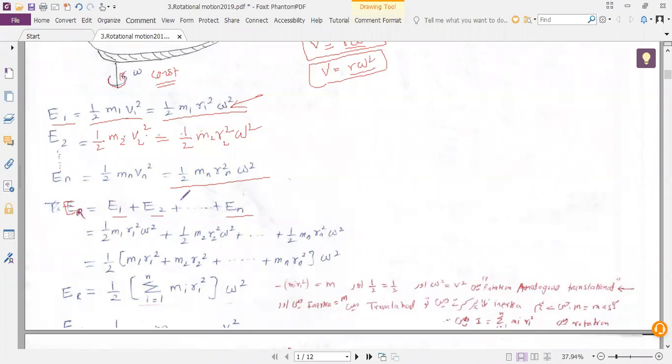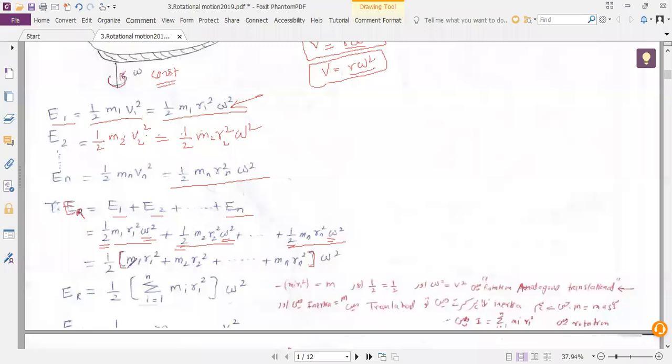Now we have the value of the kinetic energy of each particle. E1 is half m1 r1 square omega square. E2 is half m2 r2 square omega square. Similarly, the nth is half mn rn square omega square. Now in this case, half is common in all these terms, and omega square is also common. So take this part common and the remaining uncommon part is represented in the bracket. Okay.